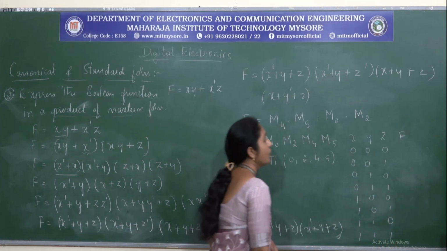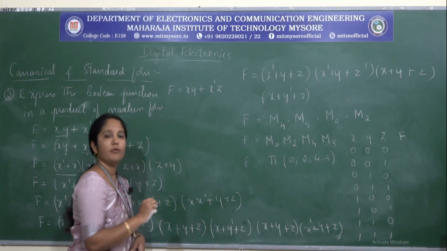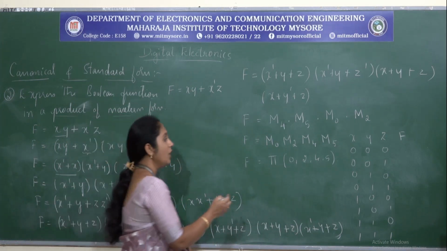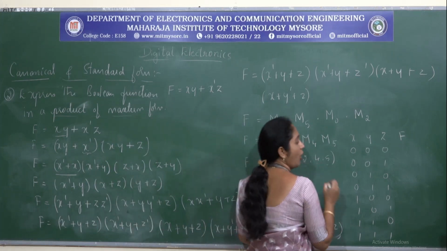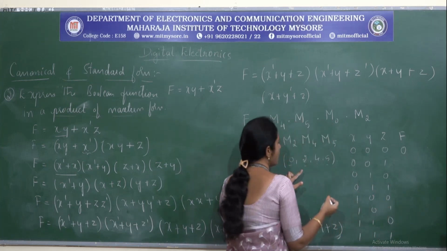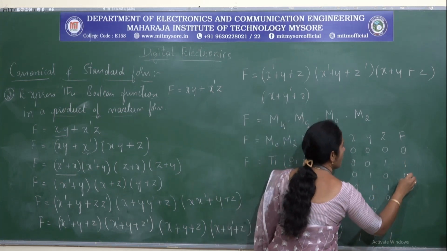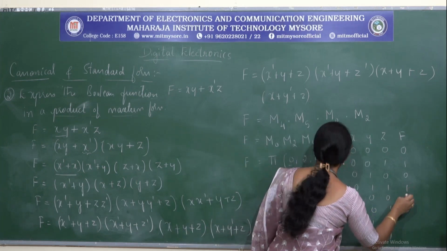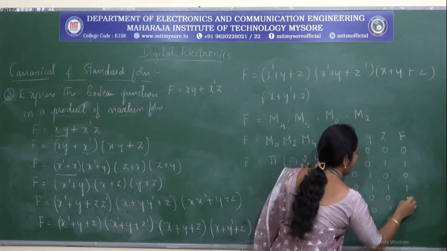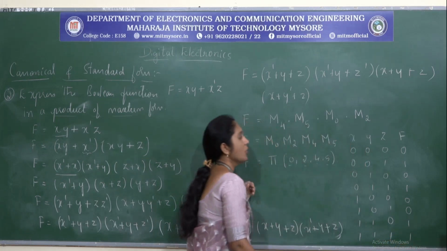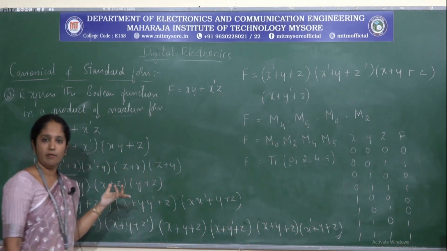Now for f, we know that it is a POS form, therefore these are the cells where we have logic 0. In row number 0 we write logic 0, in row number 2 logic 0, then in 4 and 5 again logic 0, and 6 and 7 will be logic 1. So that is the truth table for this given function.